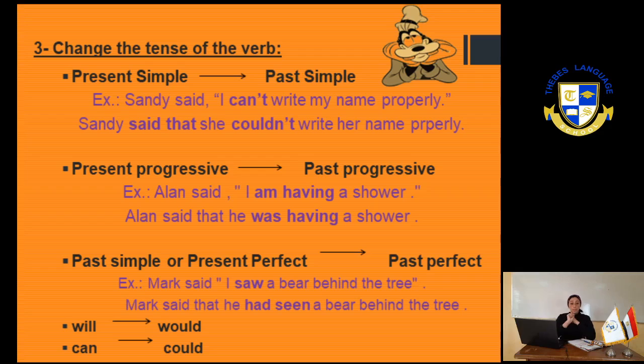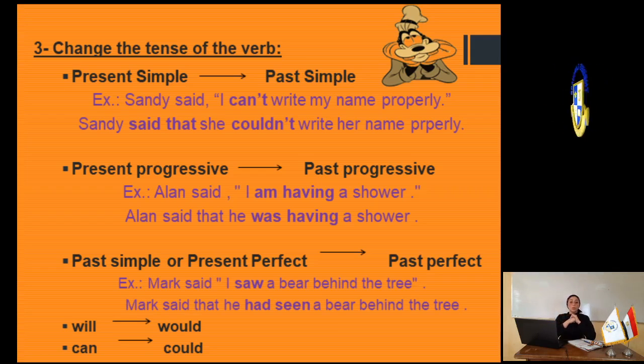First, use say or tell. Second, use that. Third, remove the quotation marks. Fourth, change the personal pronouns and the possessive adjectives according to the change that you have done for the sentence.